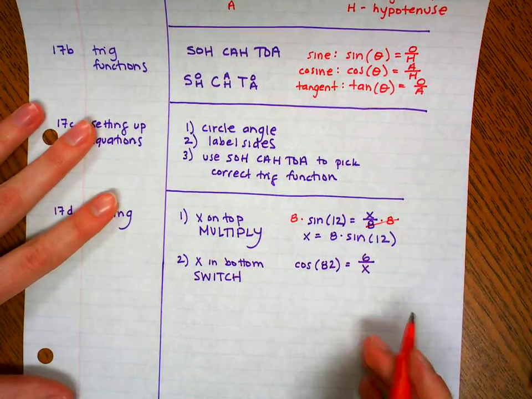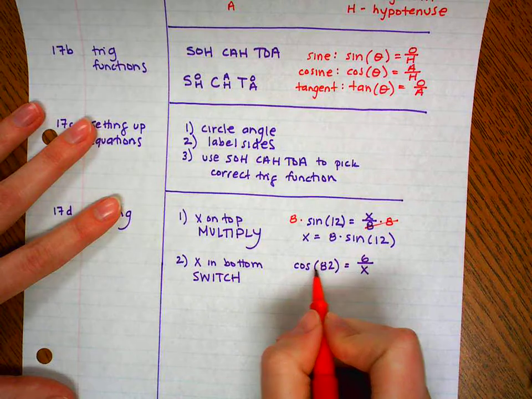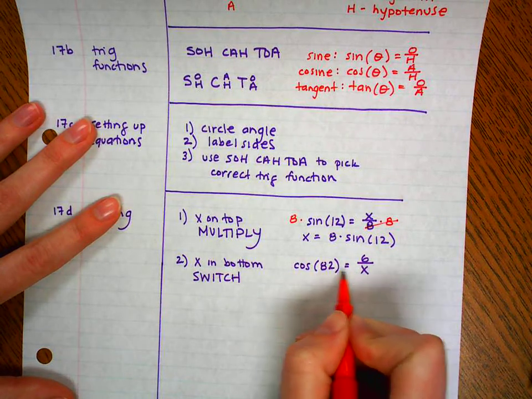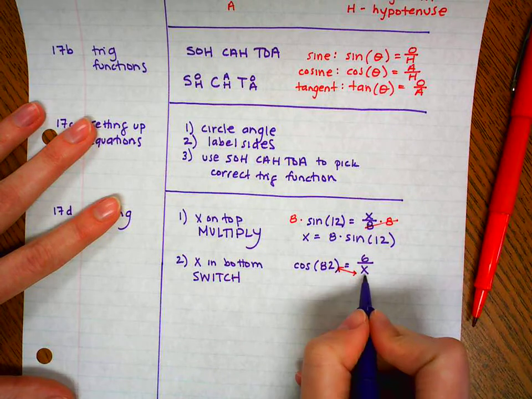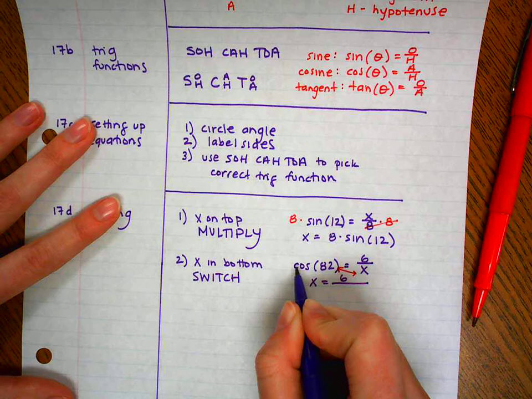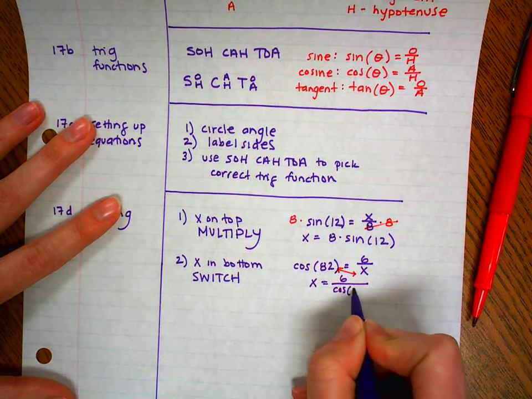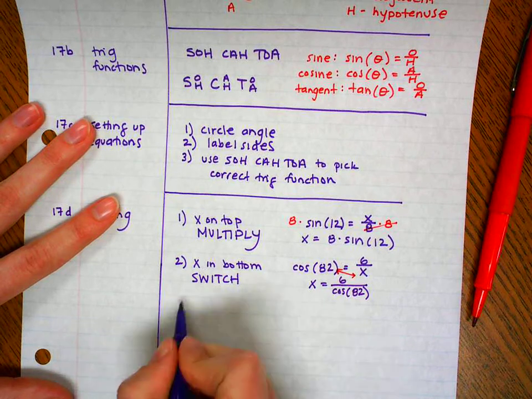Okay. We talked about our proportion rules. Since this is kind of like cosine of 82 over 1, and then we switch the diagonals, we get something else that's true. So when we do this, the x comes up to this side by itself. The 6 stays on the top, but this whole thing, cosine of 82, goes in the denominator, and that you can plug into your calculator.